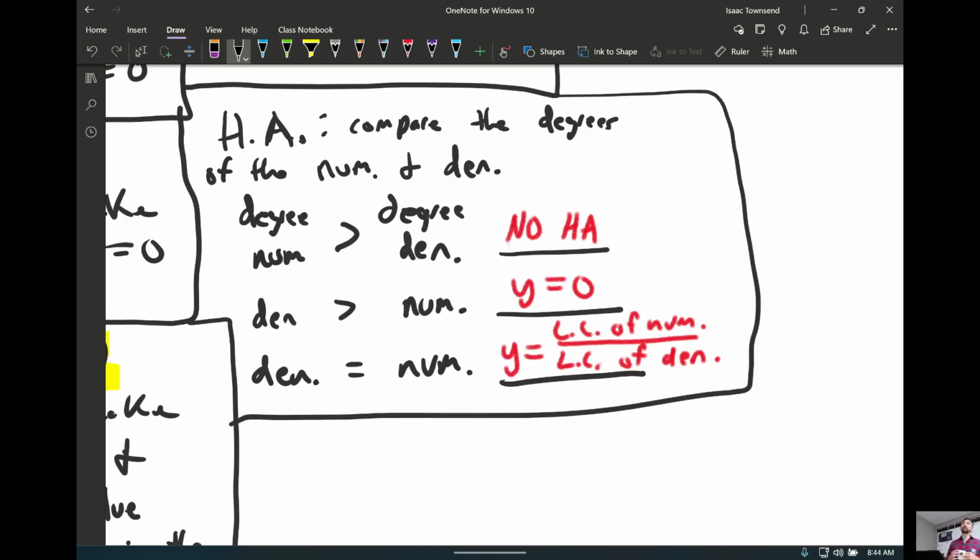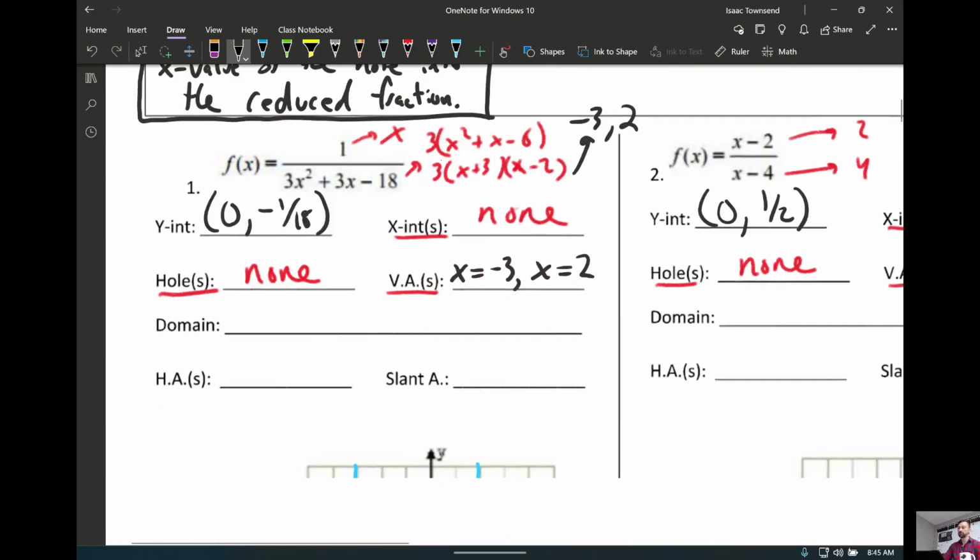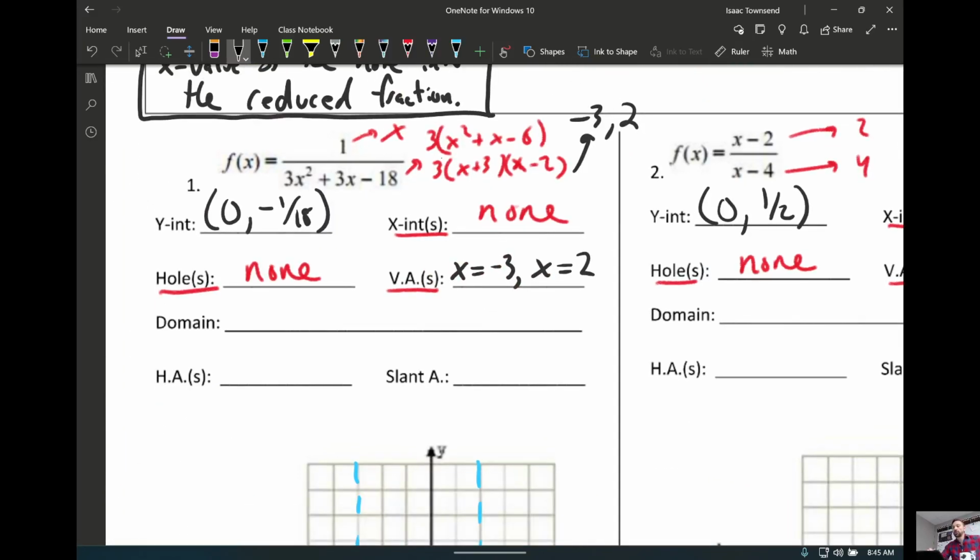And this is a way to describe the ends of the graph. So this is going to give me good information for my graph as well. So again, you can see you have to practice at least 3 of these questions to even practice one of each of these. But let's do questions 1 and 2 while we have just reviewed these rules. So question 1, the degree of the numerator is 0 because there's no x's.